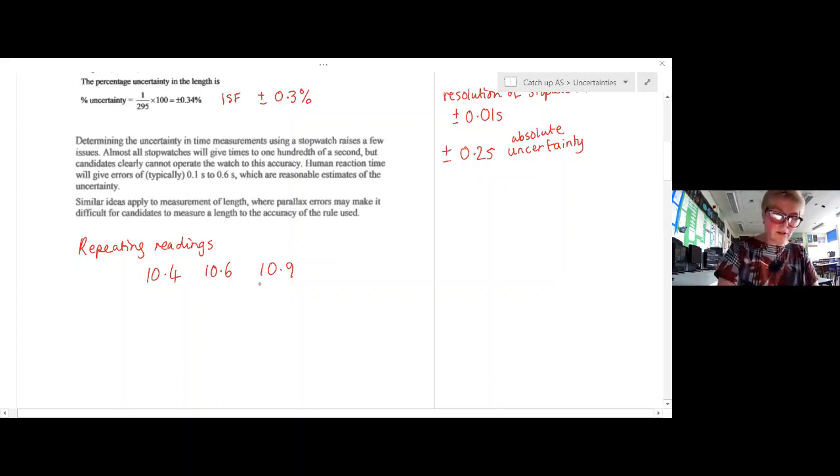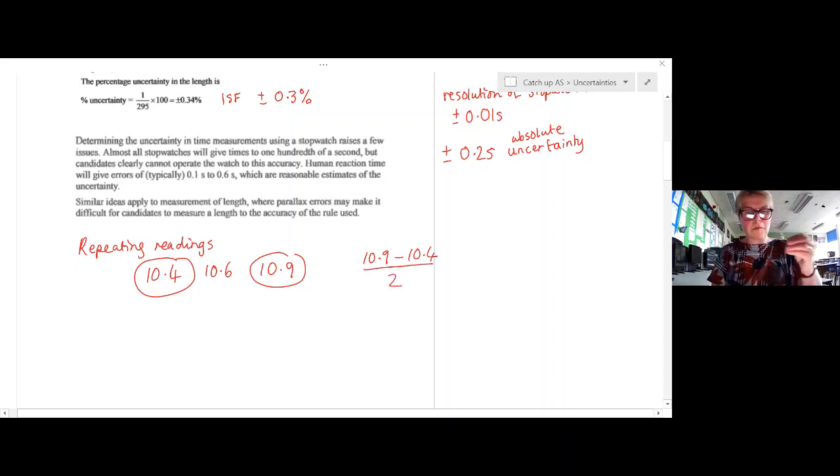So I get the largest, I get the smallest, I take one away from the other, 10.9 take 10.4 and divide it by 2, because you want to know what you go up and what you go down, and we want the plus minus. Okay, so 0.5 divided by 2, so 0.25, and I would argue there one significant figure, so you're fine to go to 0.3.